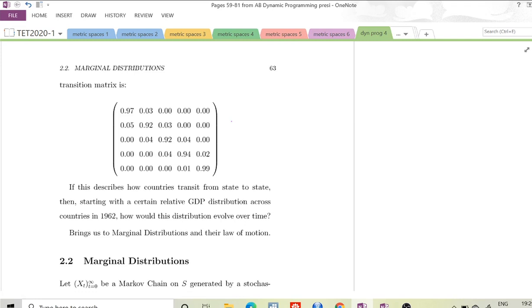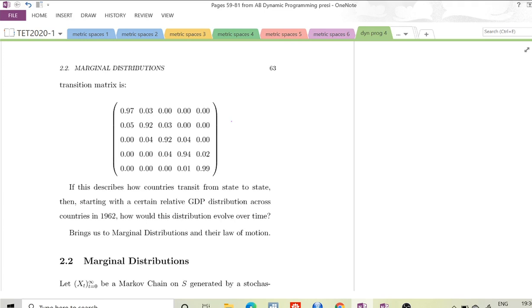So then he asks that if this describes how countries make transitions from rich to poor, poor to middling, middling to poor, etc., then starting with a certain relative GDP distribution, let's say in 1962, how would that distribution evolve over time, right?